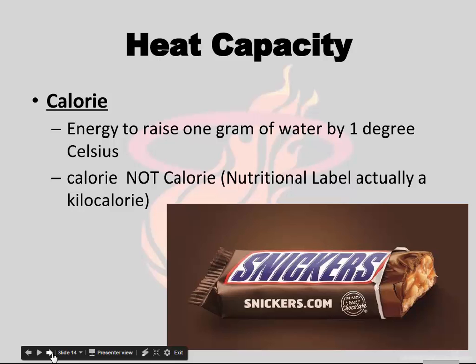When we originally developed the unit, the calorie, and if you look at your nutritional label, like it says maybe, let's see, my granola here has 150 calories per serving. So that's actually 1,000 calories, that's actually a kilocalorie.